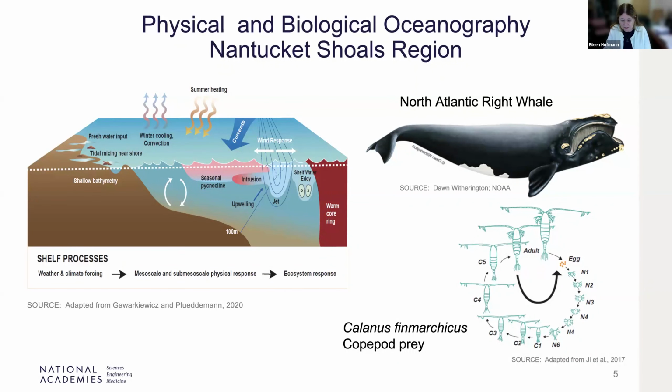The reason for this is that the Nantucket Shoals region is an important foraging area for right whales during winter to spring when they migrate to this area to forage. The other thing is that the copepods that they tend to forage on are likely advected into the region rather than being locally produced, which places emphasis on understanding any changes to the hydrodynamics.